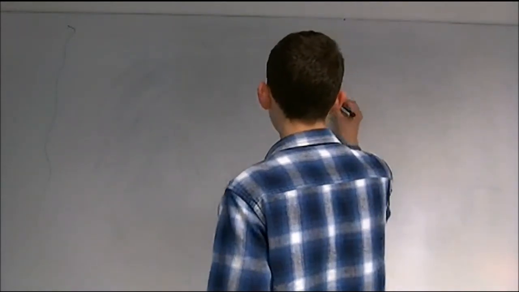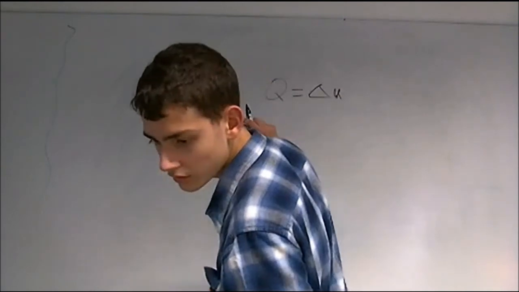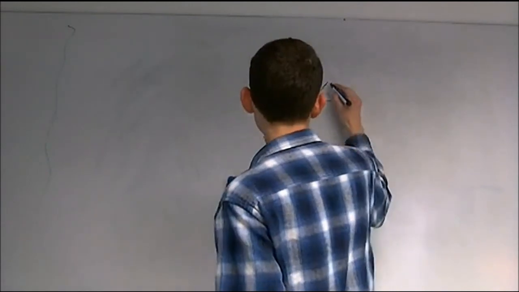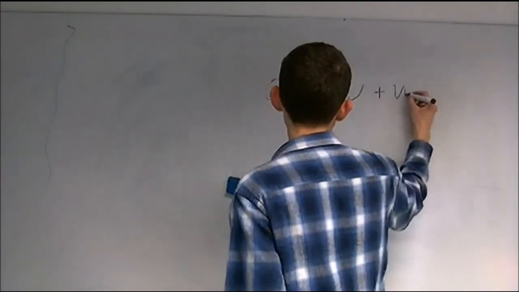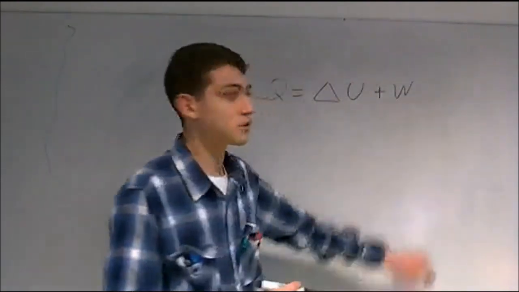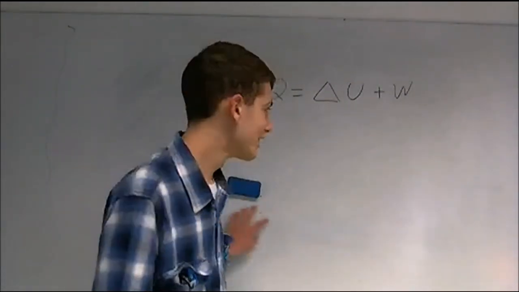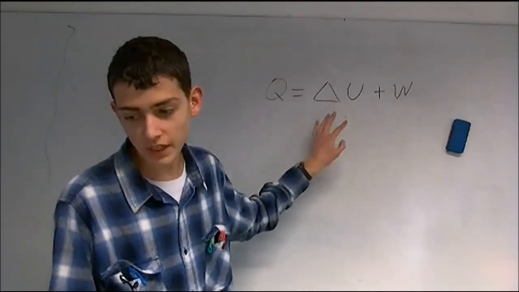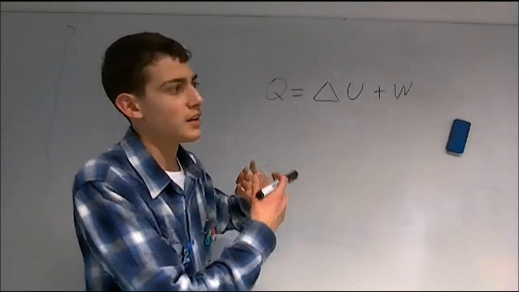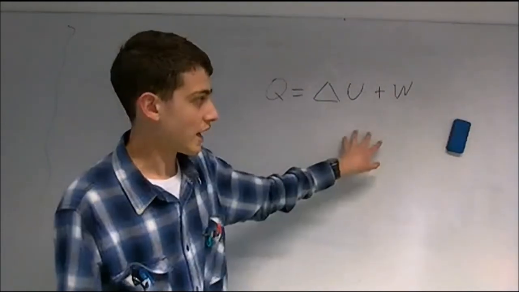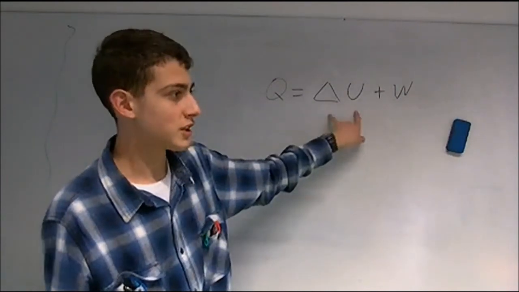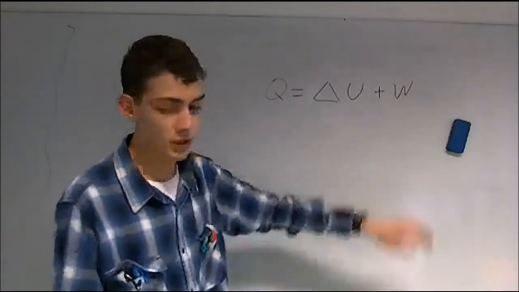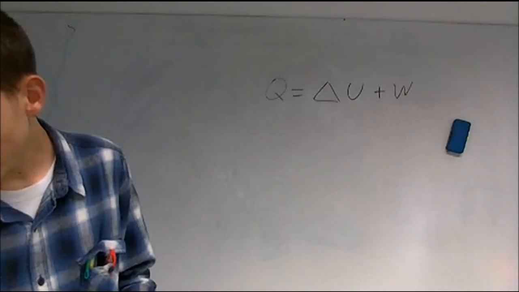Q equals delta U plus W. So that means that the change in the amount of internal energy that you have is going to be equal to the change in energy plus your work. Basically meaning you can't have something spontaneously get hot. You need to do work to it. You need to work for your heat.